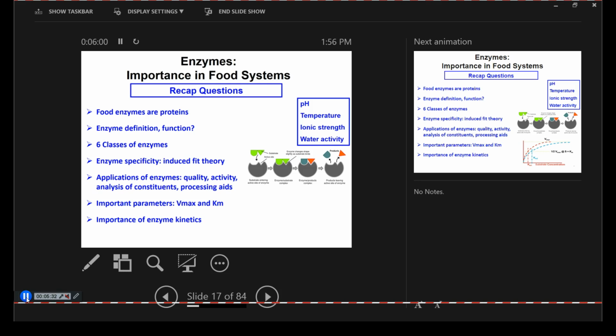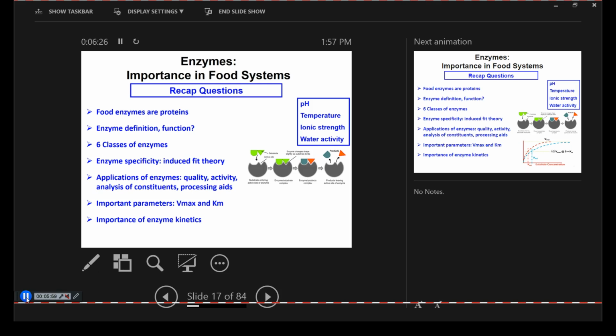What we use also commercial enzymes for is oil degumming. Yeah, that's a processing aid. Very, very good. Thank you, Paul. What else? Analysis of constituents would be alpha amylase in flour. Alpha amylase, we analyze it in flour for quality.